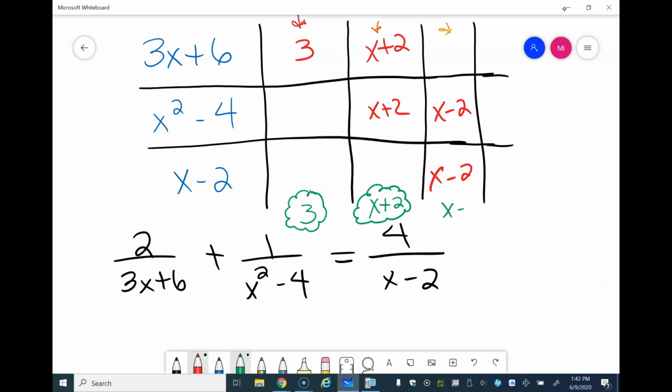And then x minus 2. If we multiply all together, you don't have to actually physically calculate and multiply. You can leave everything separate, but this is considered to be my LCD: 3 times x plus 2, x minus 2. We can leave it separated like that, but that's going to be our LCD in the problem.